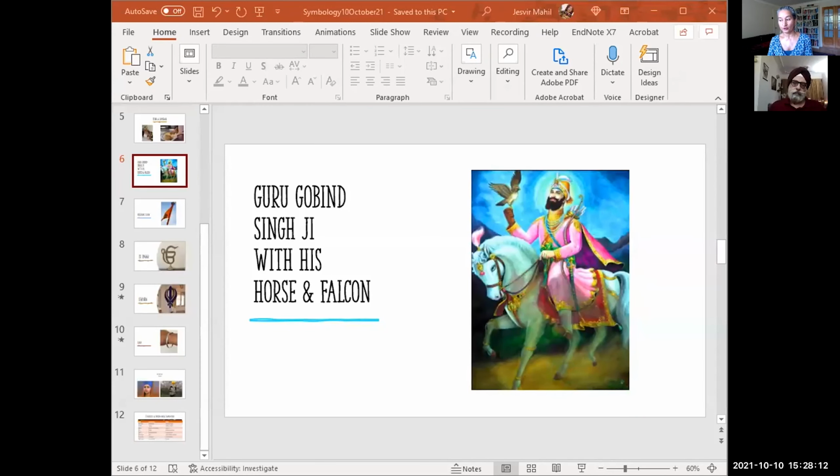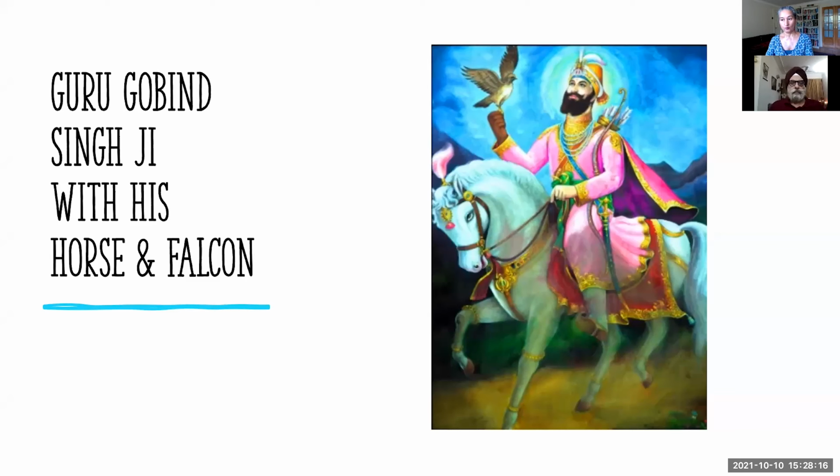100%. Okay, brilliant. So now let's go on to the next symbolism, because we talked about the langar, about how the langar was a revolutionary act, to have people sitting together. Well, Guru Gobind Singh Ji riding a horse: at that time, the lower people who were considered low caste were not allowed to ride on horses.